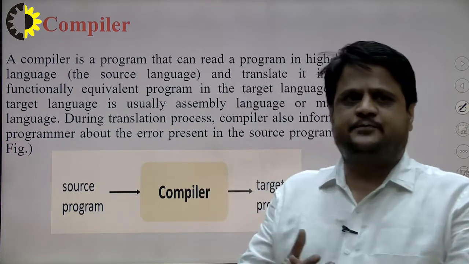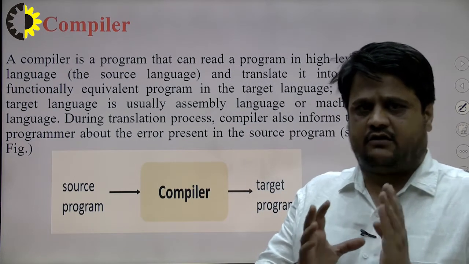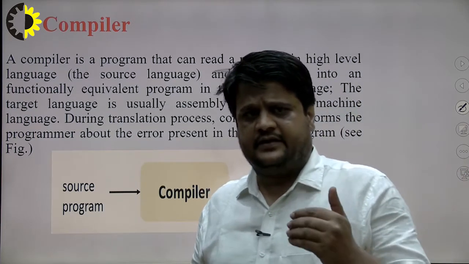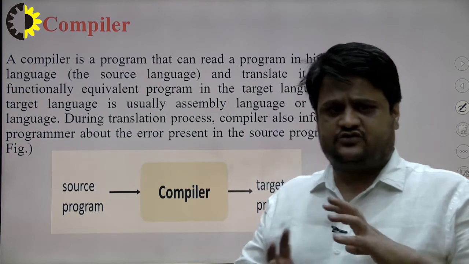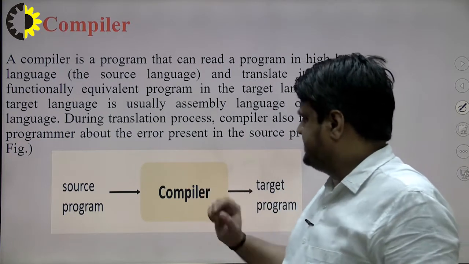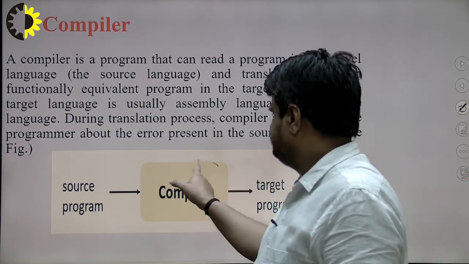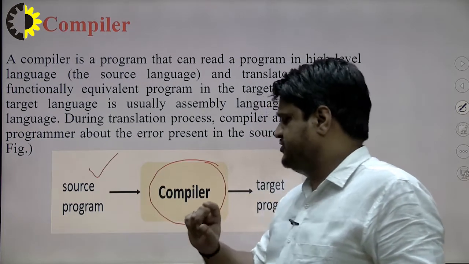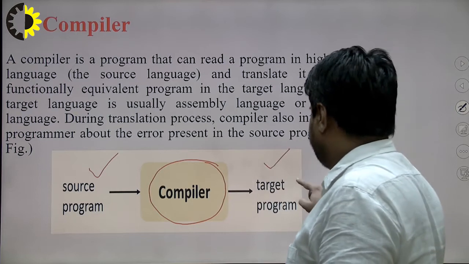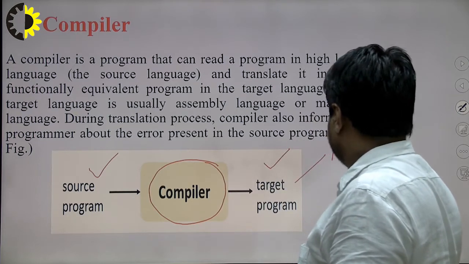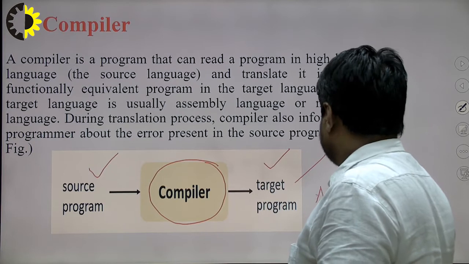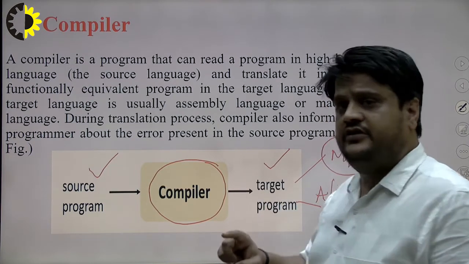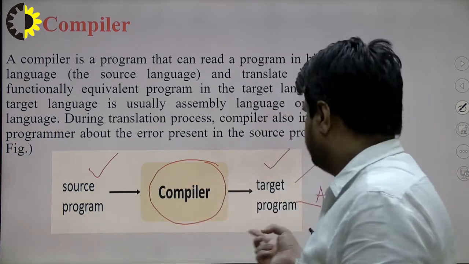During the translation process, the compiler also informs the programmer about errors present inside the source program. So this is the working of a compiler. You can see it takes the source program as input and produces the target program. It may be machine code or assembly code, right? Some compilers produce machine code and some produce assembly code.